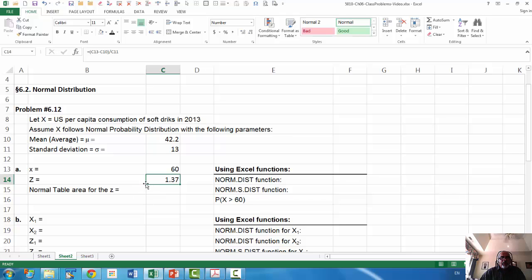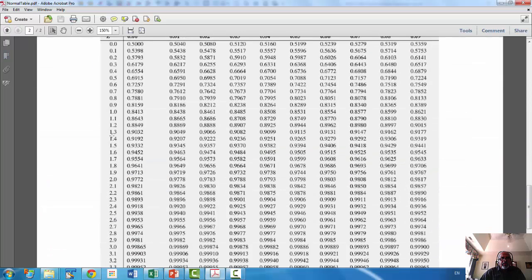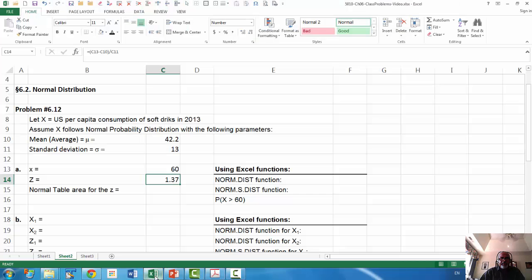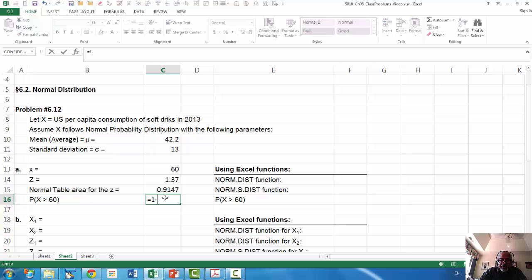Now if you want to use the normal table, we take that 1.37 to the normal distribution table. 1.37 is right there, 0.9147. So remember, this is the cumulative probability. This is the probability that x is less than or equal to 60, but we want greater than 60. So that means the probability is 1 minus.